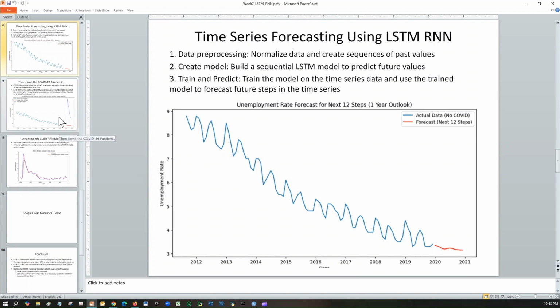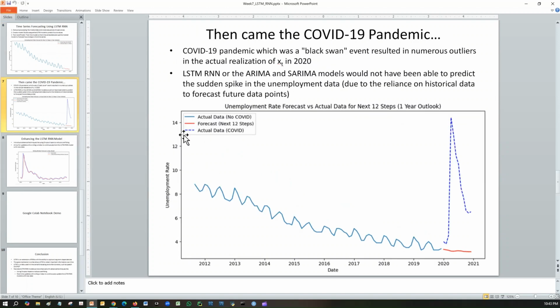But of course, on the next slide, we all know then came COVID. It's a black swan event represented by the dotted bright blue line here, where unemployment spiked.